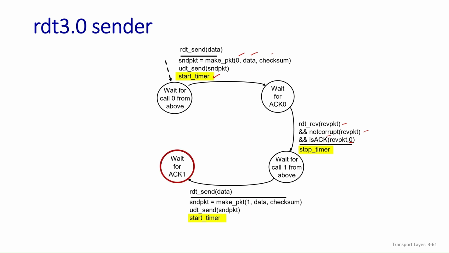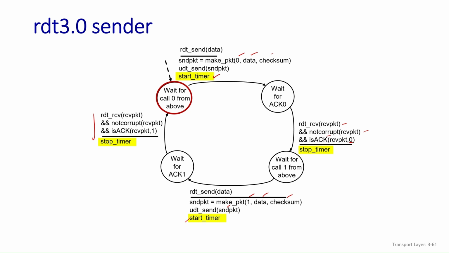There's a similar event here as well. While we were waiting for a call from above, this is the usual action, but now we are also starting a timer, sending the next segment, and then waiting for acknowledgement 1. The same event and action apply while we were waiting for ACK 1, and then we make a transition.